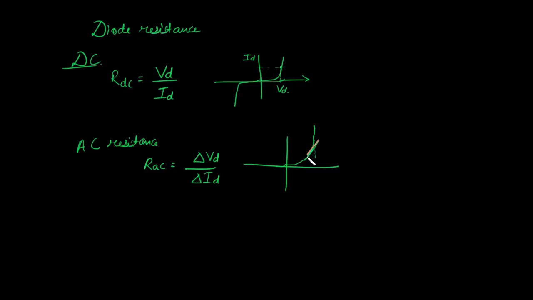A tangent at this point, and this represents a change in current, and this represents a change in voltage, delta VD. So the magnitude of this slope will give the AC resistance. And lastly, we have the average AC resistance.